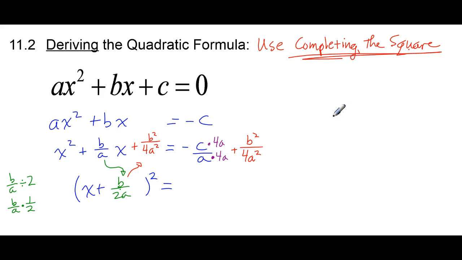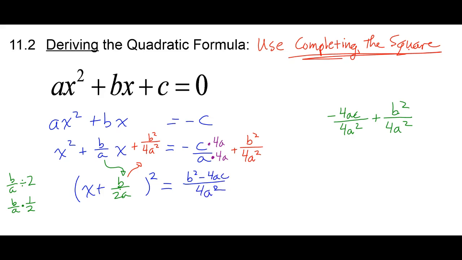So let's make sure we do this work right. I've got 4ac over 4a squared plus b squared over 4a squared. And if we're trying to put those two together, it's probably easier to put this positive one first and the negative one second. So we're going to write that as b squared minus 4ac all over 4a squared.